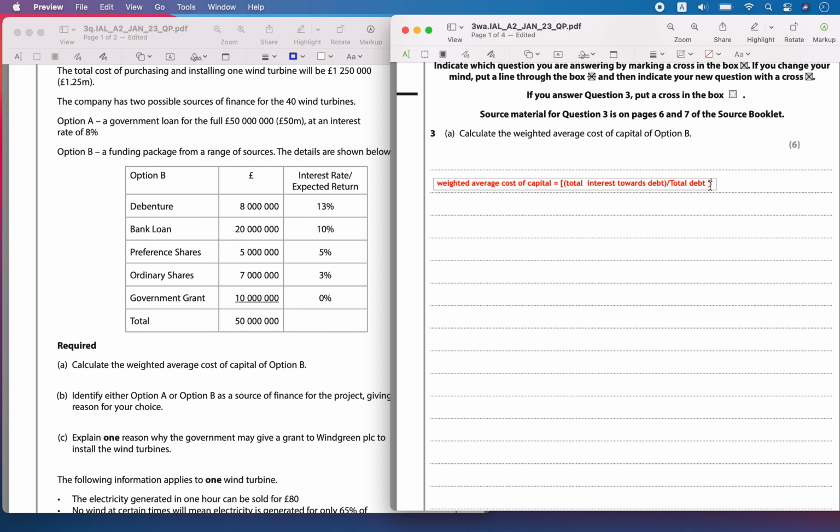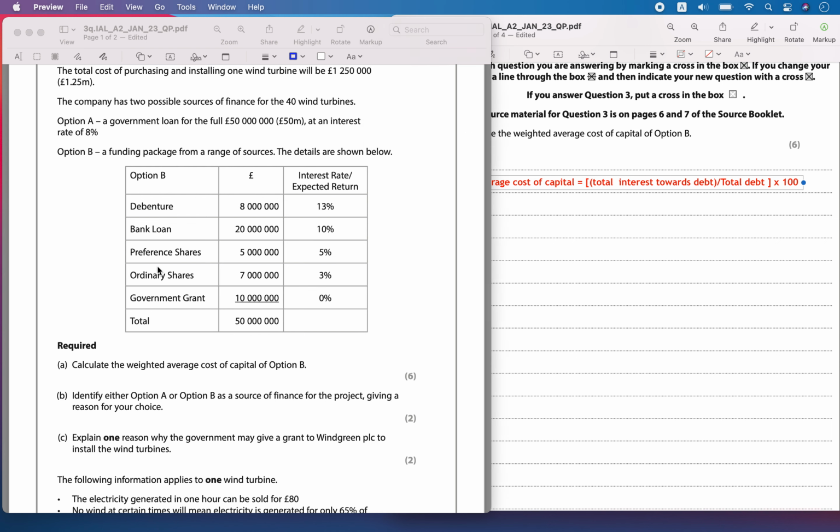So this is given as a percentage, so you will have to multiply it by 100. What is the percentage of interest paid towards the total debt you have taken? That is called the weighted average cost of capital.